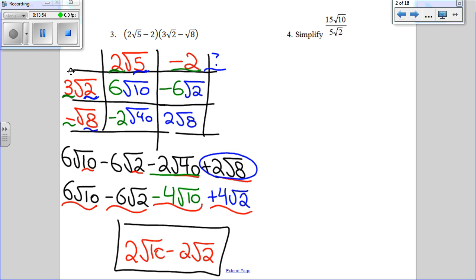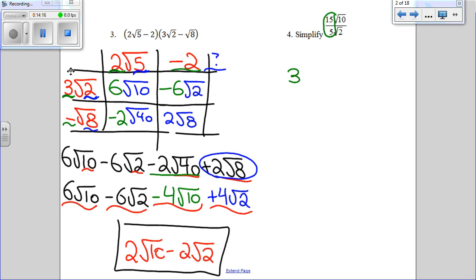The easier way to do some questions is to recognize that the coefficients can all be divided by a certain number. So in this question, all the coefficients can be divided by 5. So if I did 15 divided by 5, I'd get 3. If I did 5 divided by 5, I would get 1, which you don't need to write it.